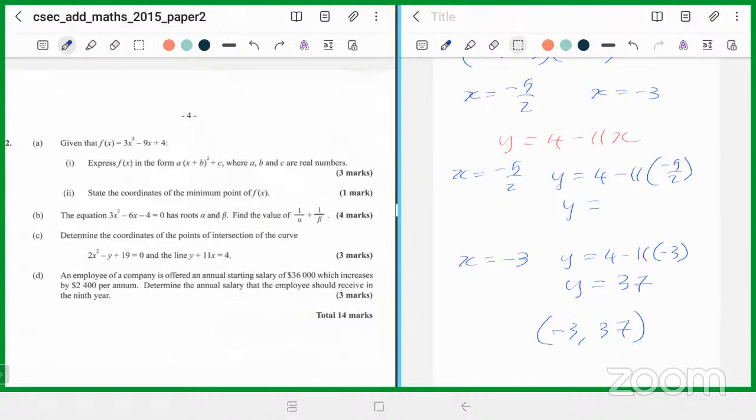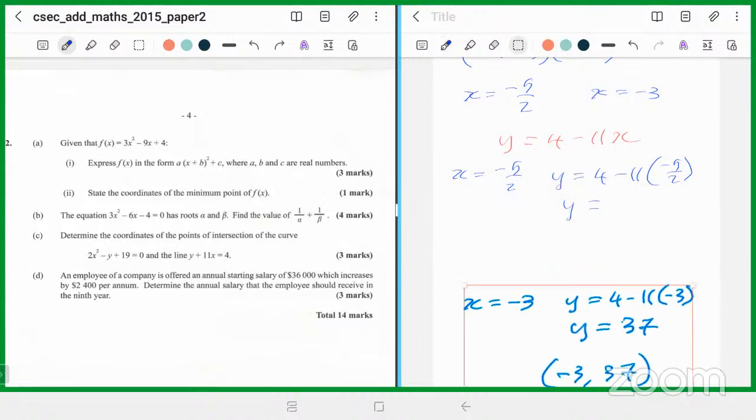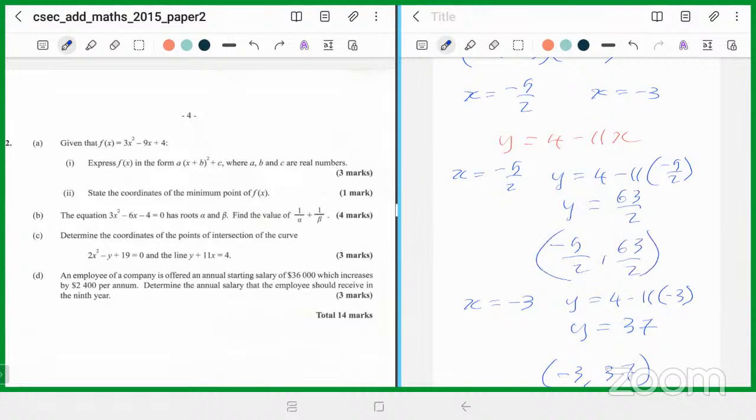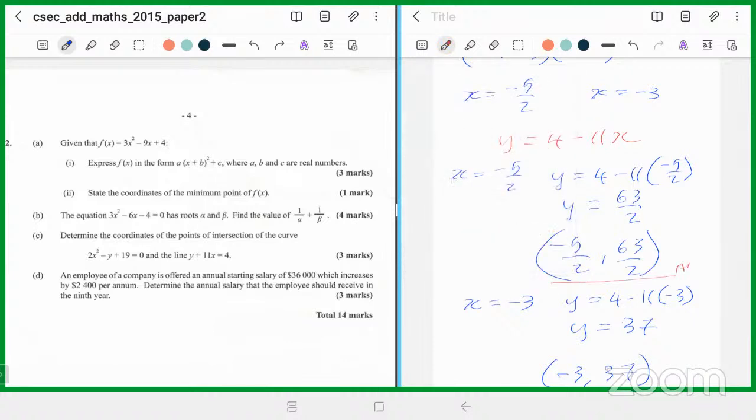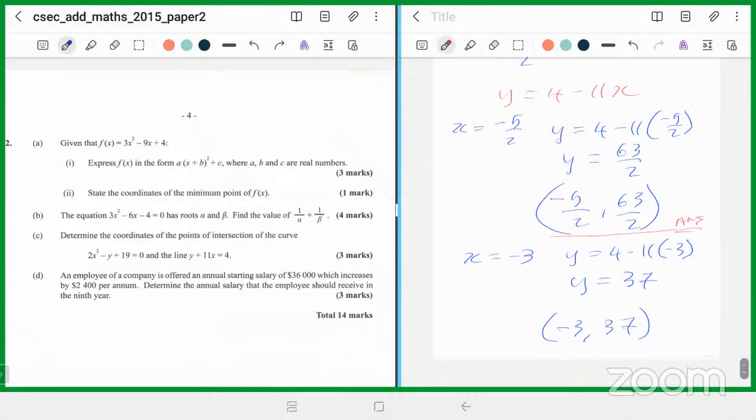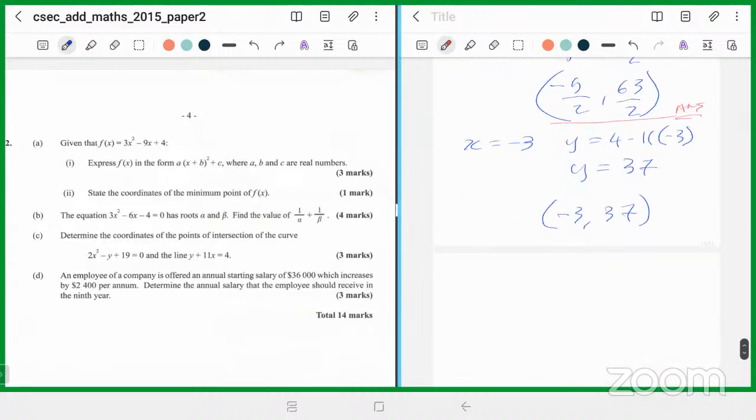And somebody can tell me the first one. 63 over 2, thank you. So the other one is negative 5/2, 63 over 2. So these are my two answers right here. This is one point, and this is the other point. Those are the two points.